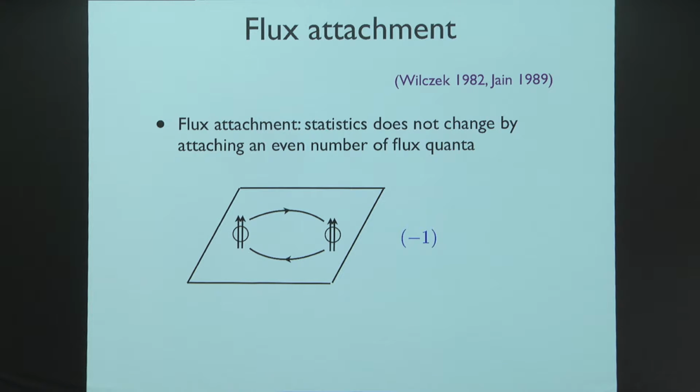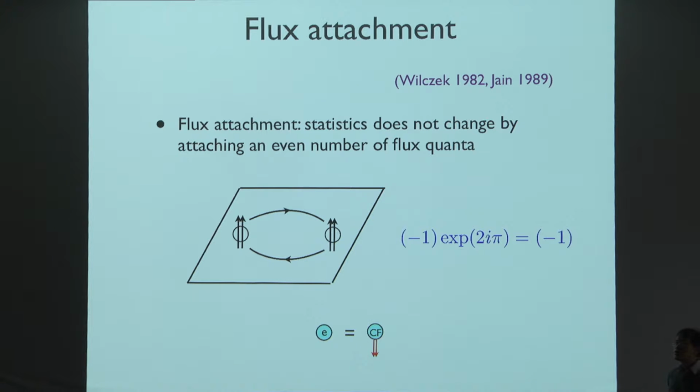Similarly, if we attach 2 magnetic flux quanta to each of the fermions, the same calculation gives us minus 1 times exponent of 2 i pi, which is again minus 1. A fermion attached to an even number of magnetic flux quanta is still a fermion.